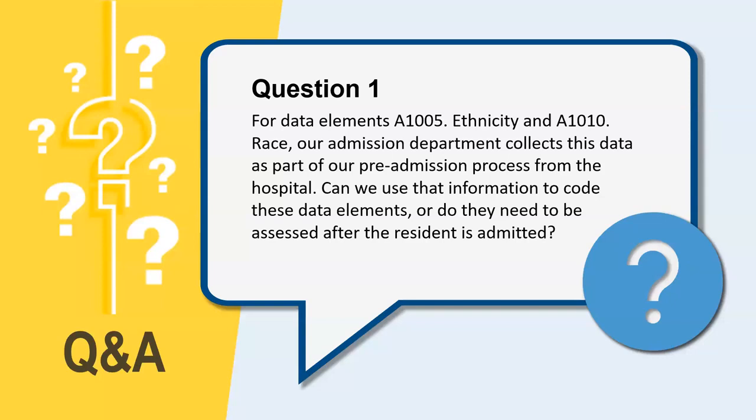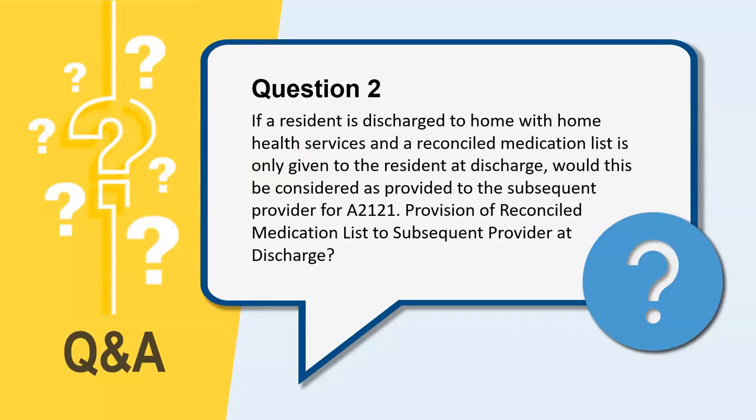Our next question. If a resident is discharged to home with home health services and a reconciled medication list is only given to the resident at discharge, would this be considered as provided to the subsequent provider for A2121, provision of reconciled medication list to subsequent provider at discharge?